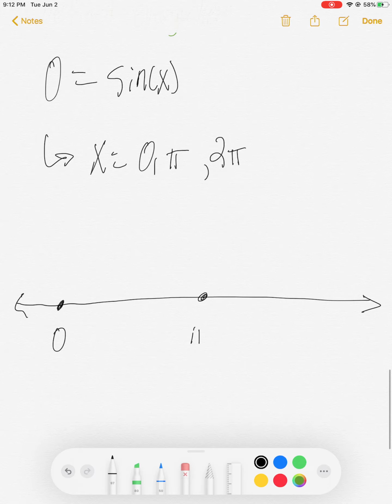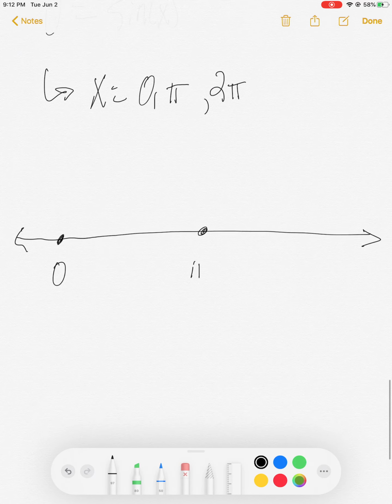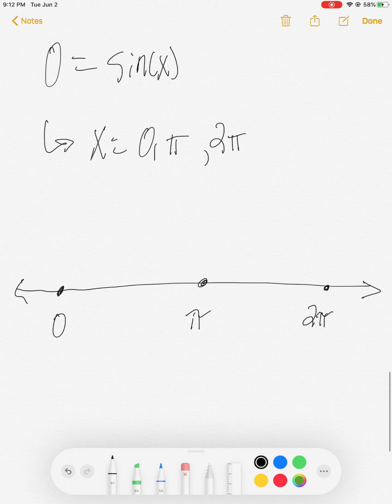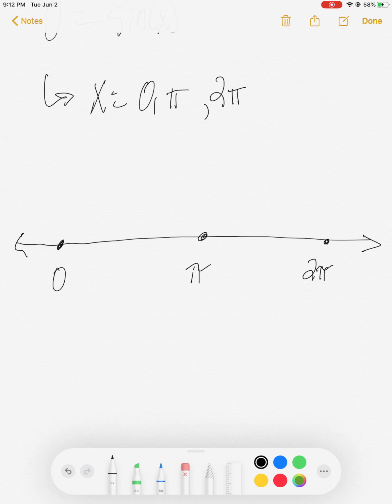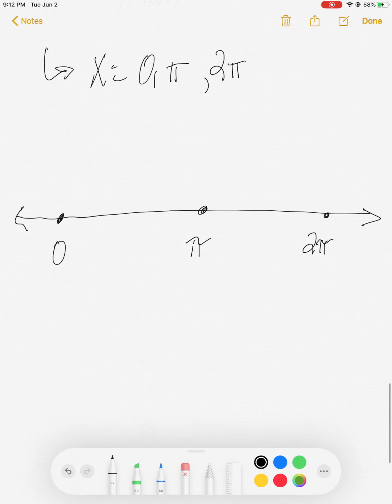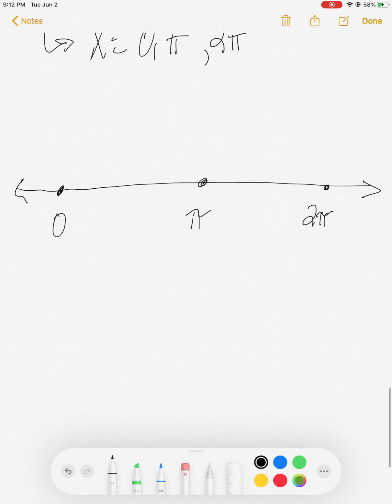Just as before, I should have made that first number line simpler because I was just going to make another one. Let's make a number line: 0, pi, 2 pi.